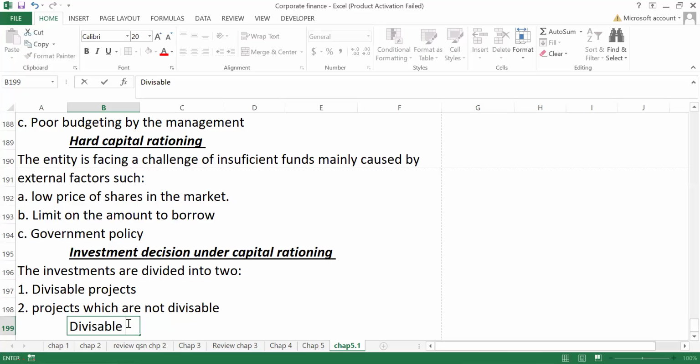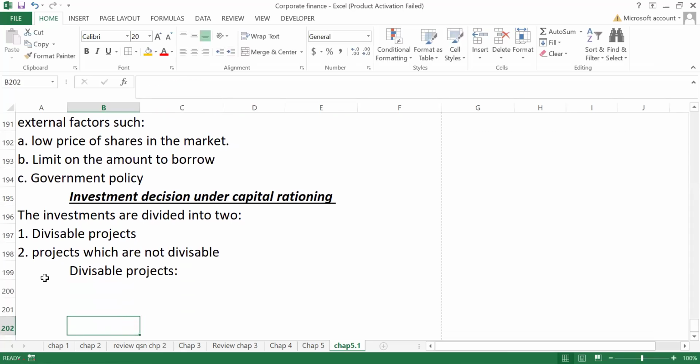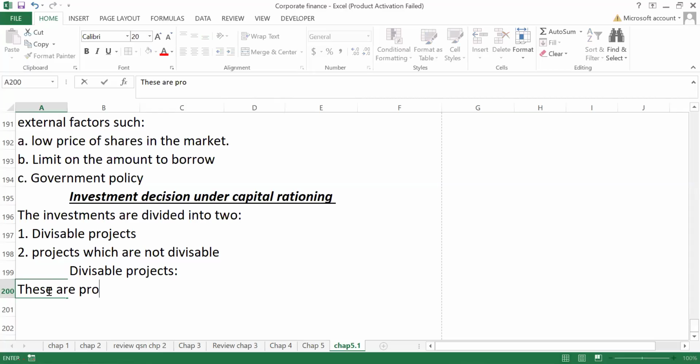When we say divisible projects, we say these are projects which are implemented in phases.